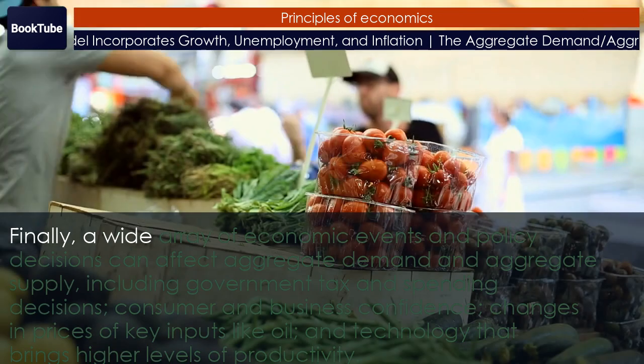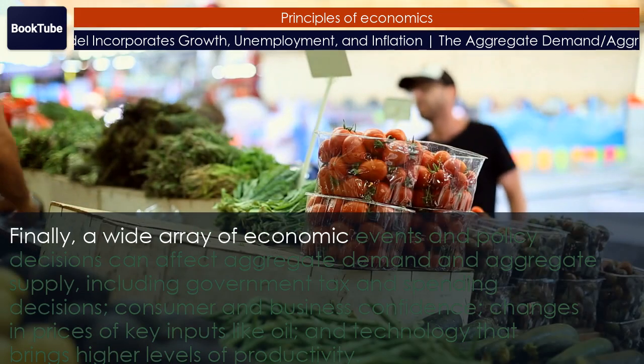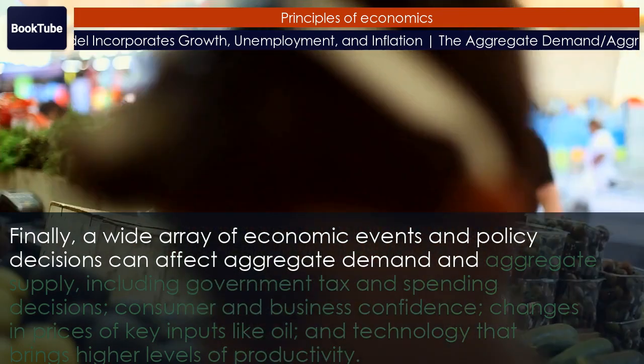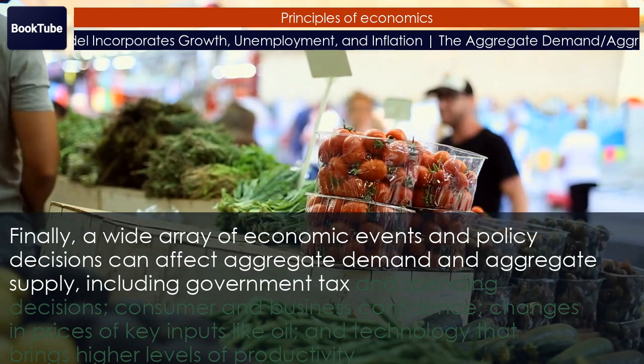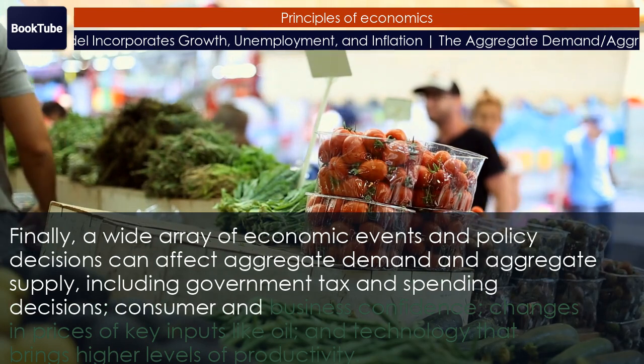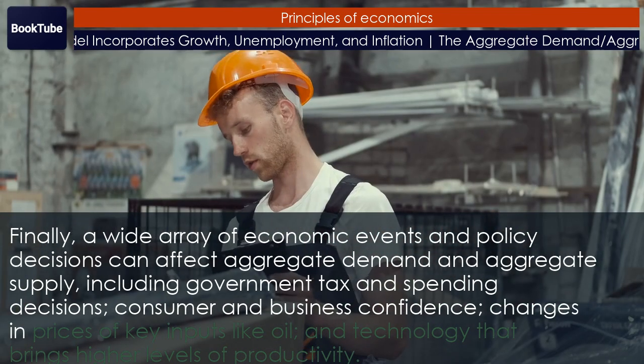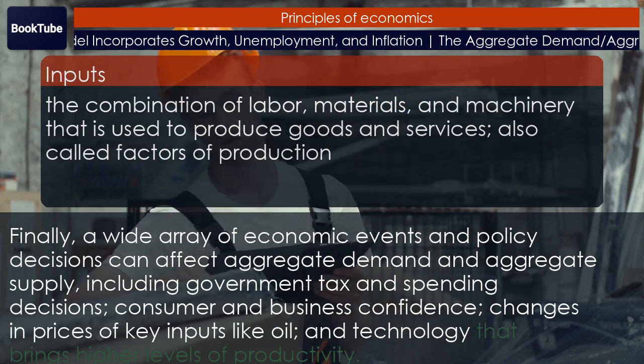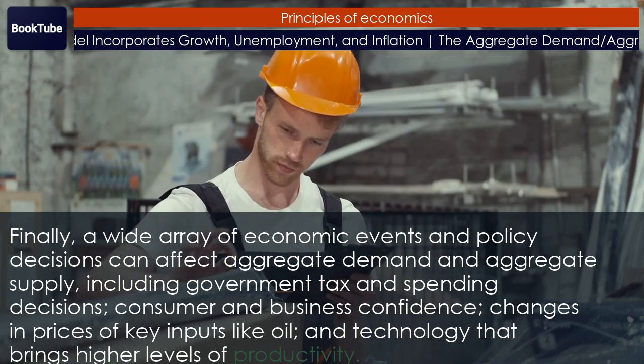Finally, a wide array of economic events and policy decisions can affect aggregate demand and aggregate supply, including government tax and spending decisions, consumer and business confidence, changes in prices of key inputs like oil, and technology that brings higher levels of productivity.